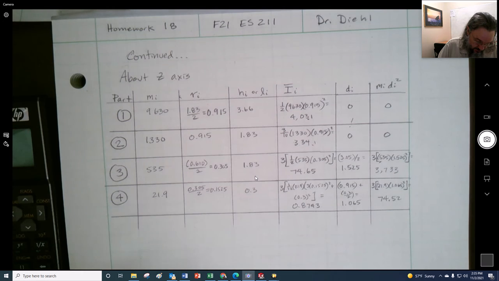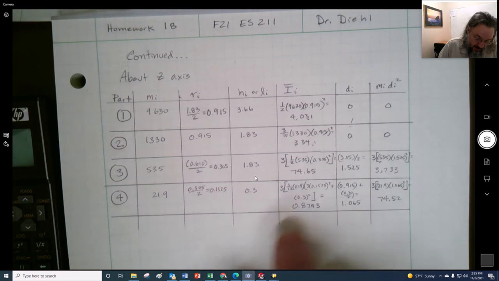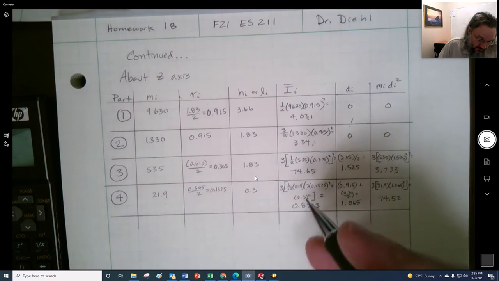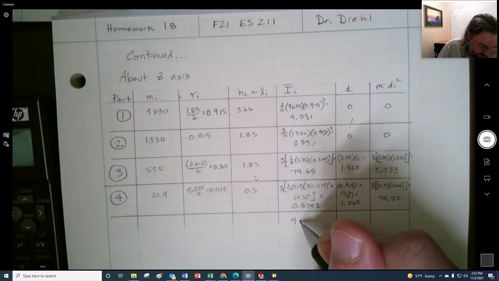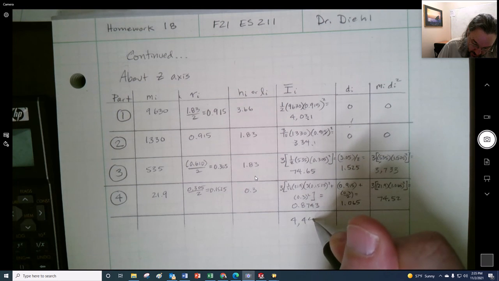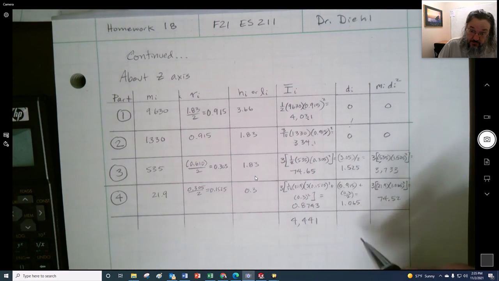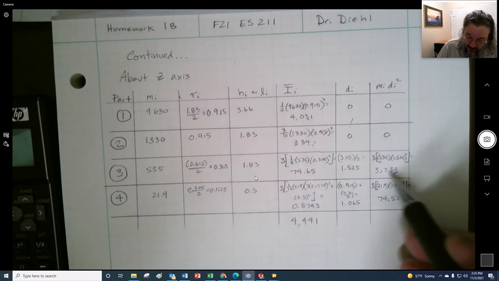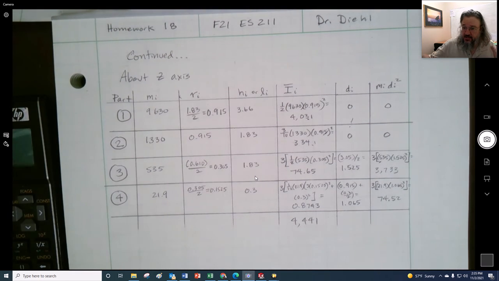So I'm adding those in, our 74.65 and add, and then the 0.8743, which hardly even mattered. So we get 4,441. That's just the individual spinning, but now we also need to account for the fact that the distance is away.